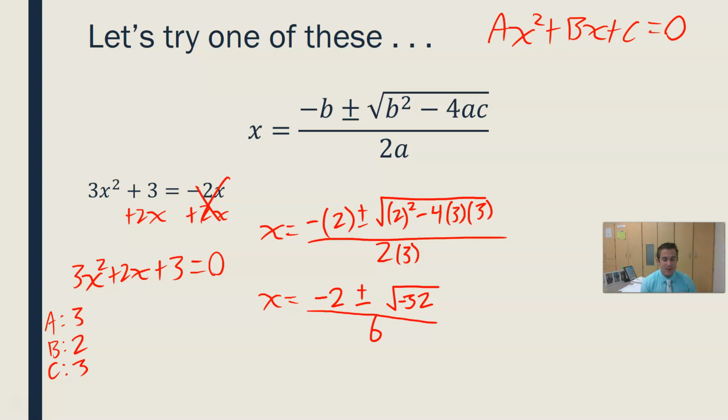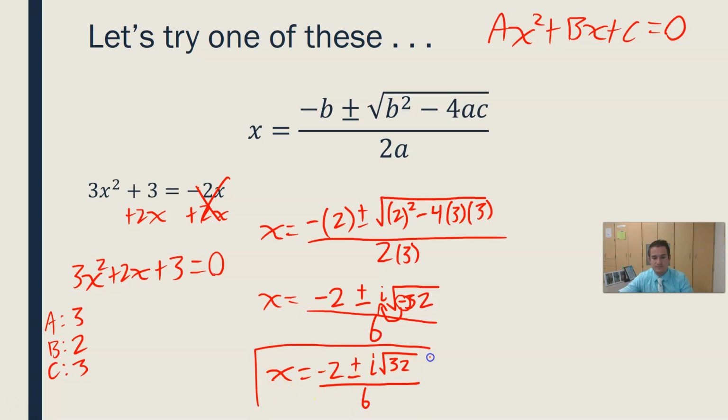I can't type an imaginary number in my calculator, though, so this negative is going to come out as an imaginary number. So my final answer will be negative 2 plus or minus i times the square root of 32 all over 6. And that's as far as I need you to go. Again, if you're curious as to ways that you could simplify that a little bit more, feel free to come and talk to me and let me know.